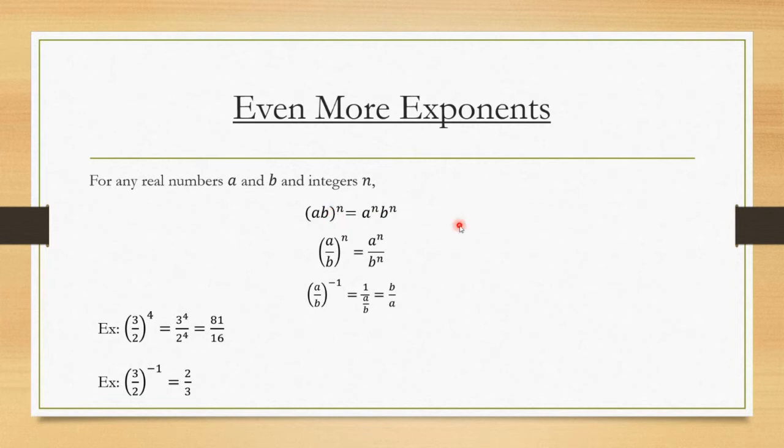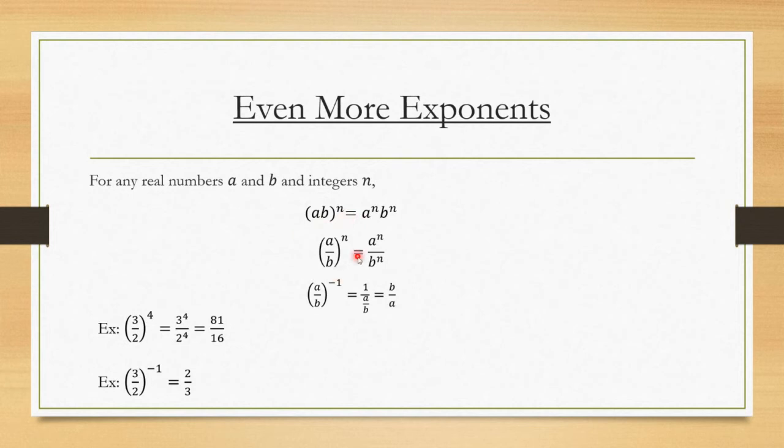So you have a product raised to a power. This actually relies on the fact that multiplication is commutative. In other words, you can multiply any 2 numbers you want in any order. That's really why this is true.